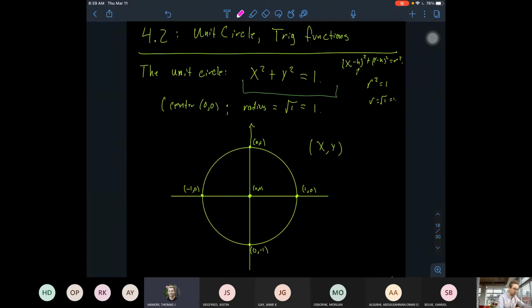And let me just say that all of this time that we're going to work on trig in the unit circle, this is really the background for which everything is always the same, okay?